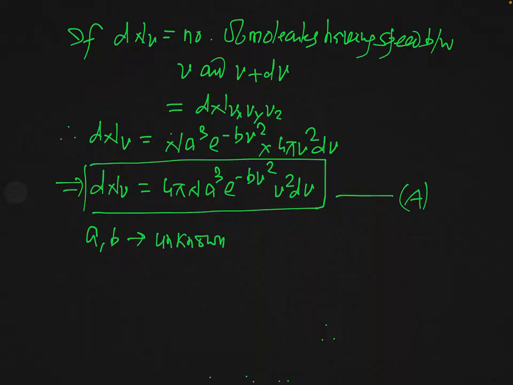Now in this equation, dnv represents the number of molecules having a speed between v and v plus dv, and n the total number of molecules. In terms of these two we define a very important quantity, which is known as the Maxwellian distribution function of speed.